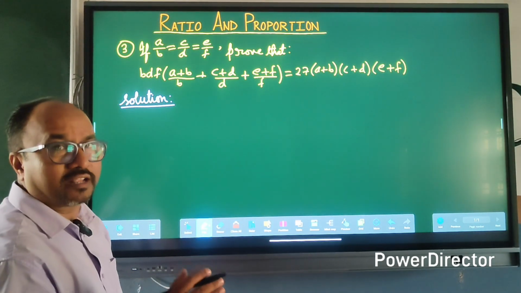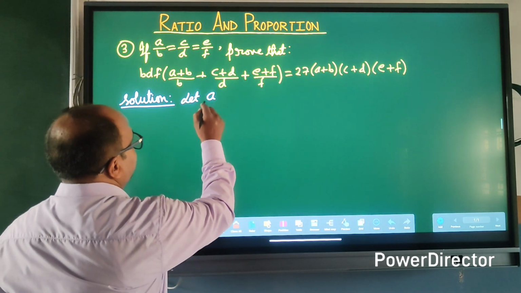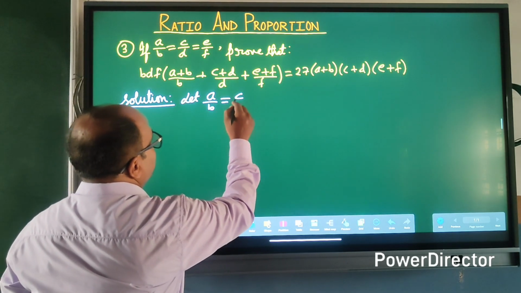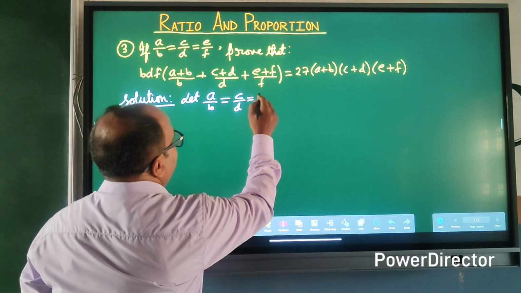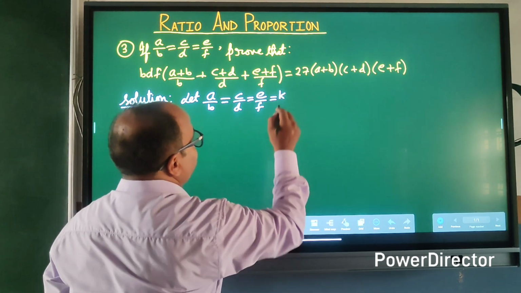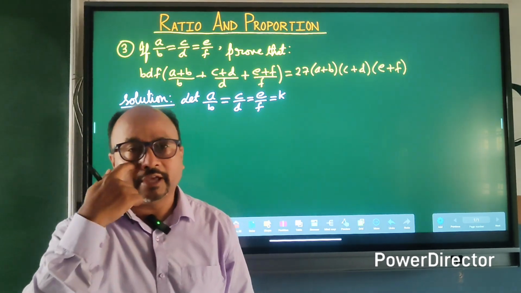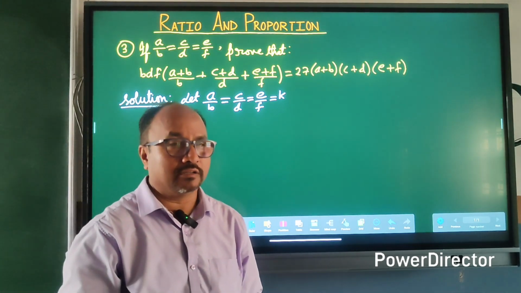Because the ratios are given equal, we start by taking A by B equals C by D equals E by F, and we take them as equal to K. Because we are taking it as K, we are calling this the K method.